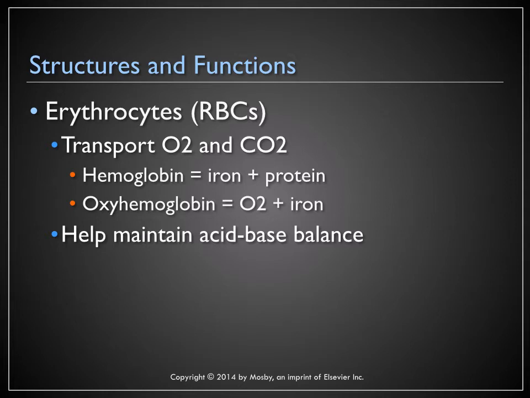Carbon dioxide diffuses from tissue cells back into the capillary. It attaches to the globin portion of hemoglobin and is then transported to the lungs for removal. Hemoglobin also acts as a buffer and plays a role in maintaining acid-base balance.